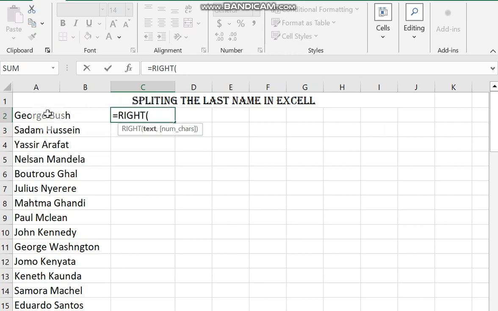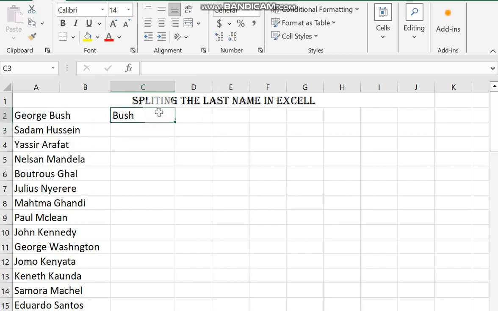In which text? In this cell. Here we are asked for the number of characters. For instance, with this name Bush, B-U-S-H equals 4 characters. We start with right, 4 characters. If we press enter, then Bush comes.